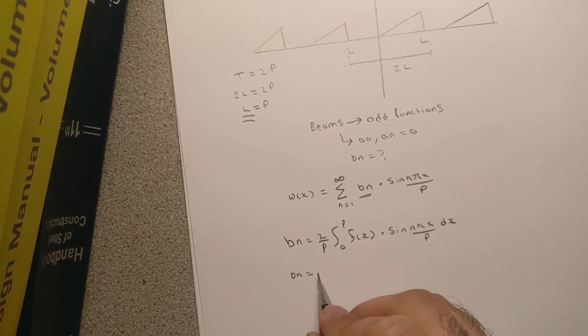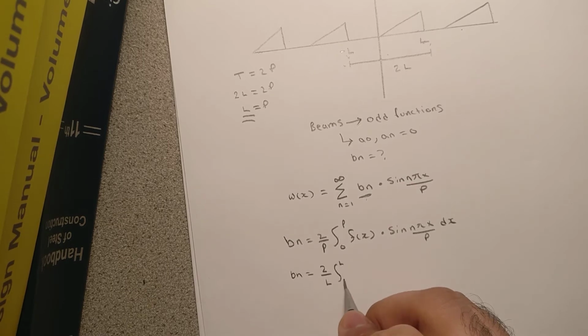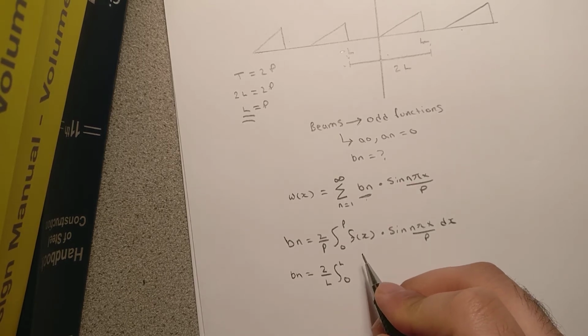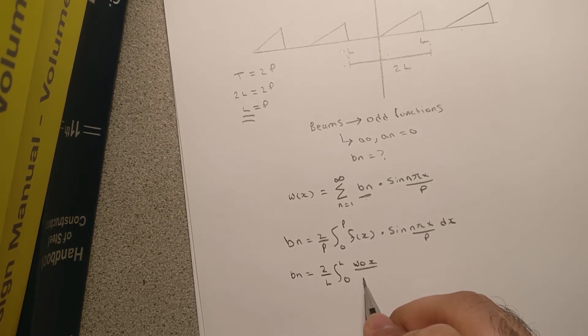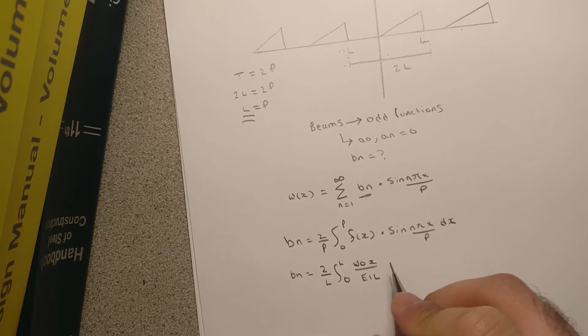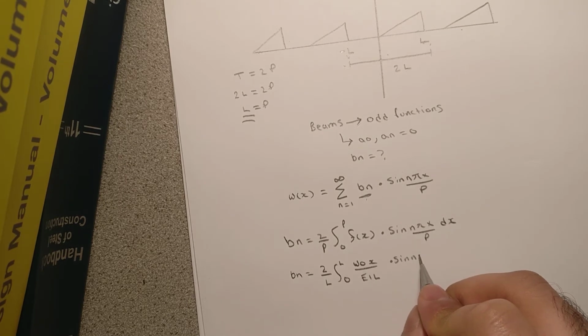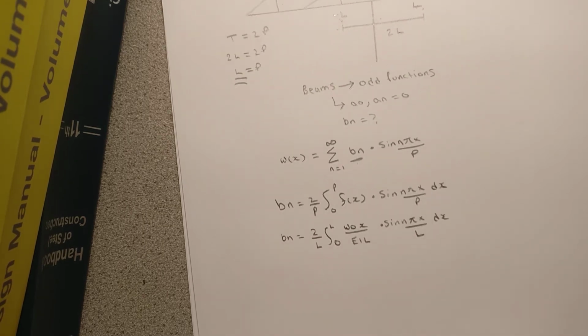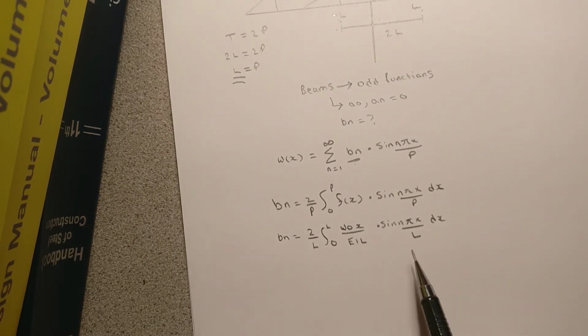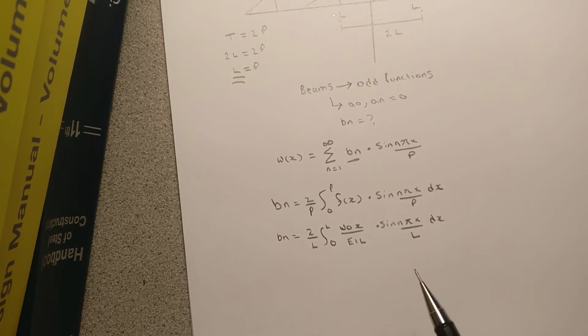Bn is going to be equal to 2 over L, integrating from 0 to L, our function, W naught times x over EIL, times sine n pi x over L dx. So this looks like something that we can integrate from 0 to L.